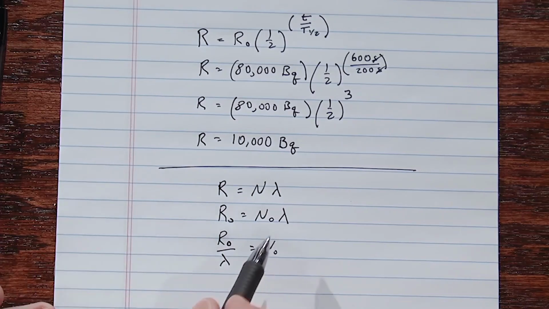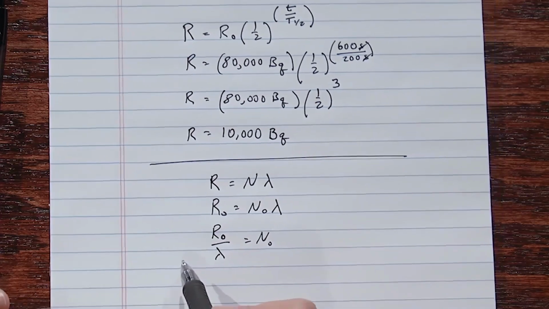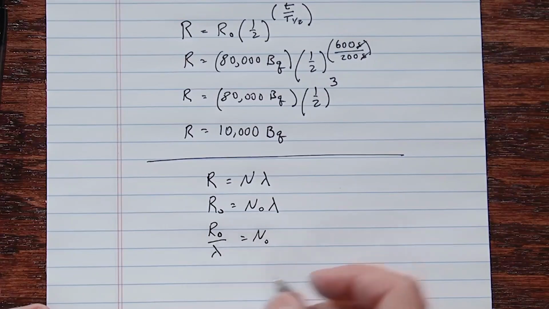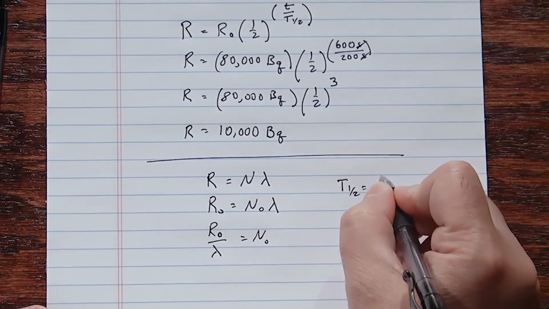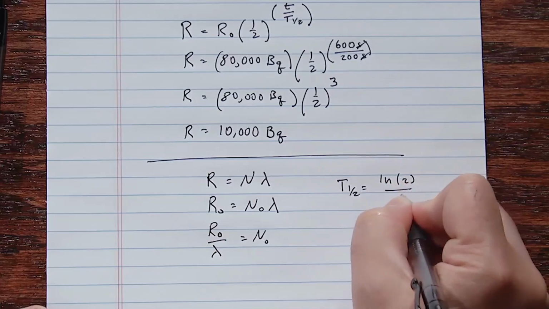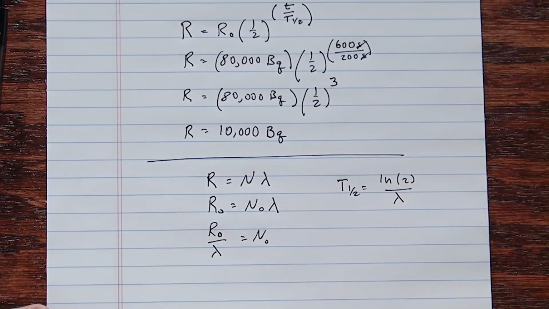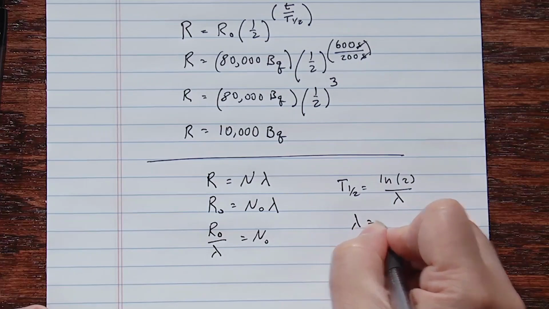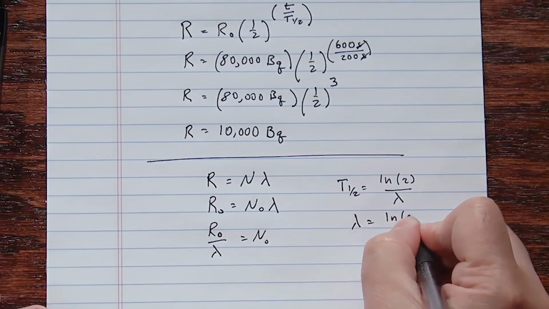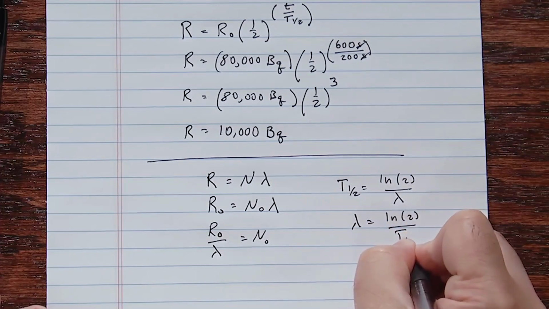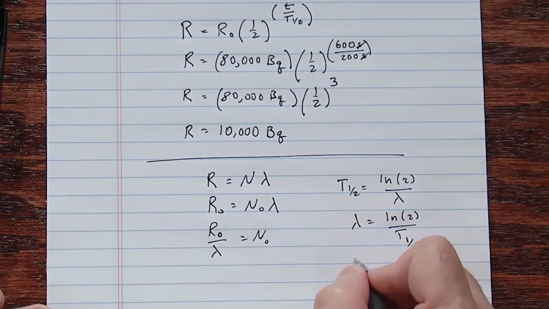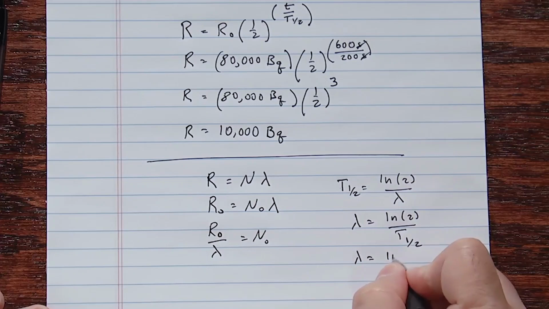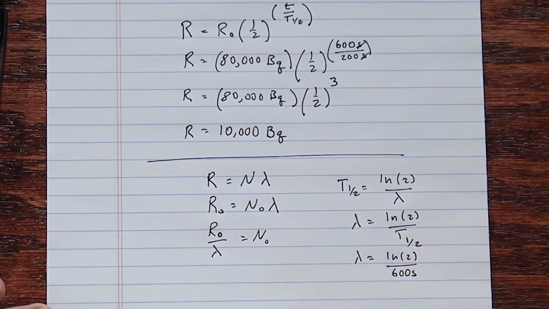So we have to figure out the decay constant. Well, we know that the half-life is equal to the natural log of 2 divided by the decay constant. So the decay constant will be equal to the natural log of 2 divided by the half-life. So the decay constant is the natural log of 2 divided by 600 seconds.